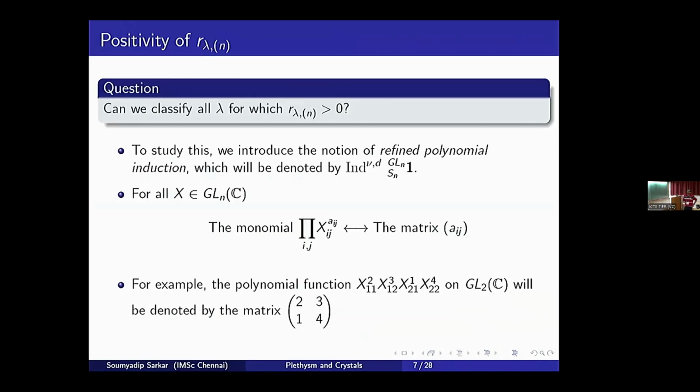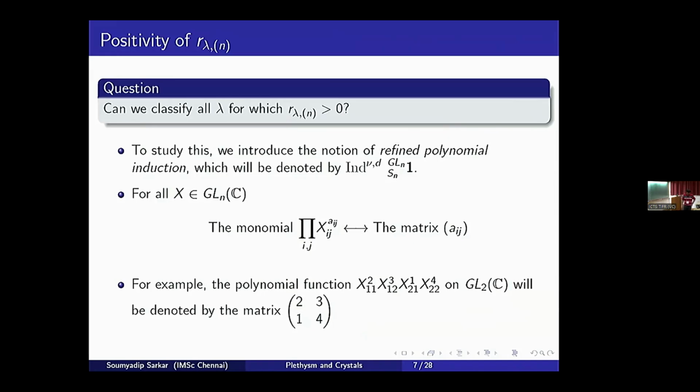So even this question is hard: can you classify all lambda such that when you restrict W_lambda to S_n, it admits some invariant vector? Maybe you cannot tell the exact multiplicity, but at least can you say something about positivity?